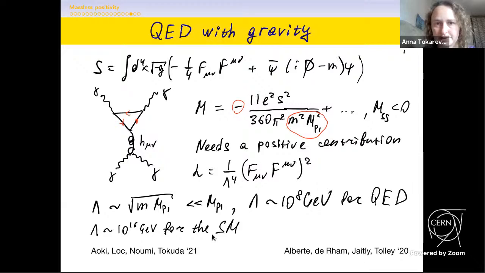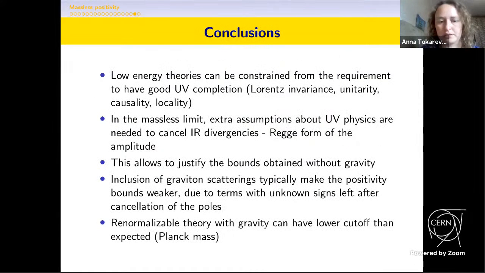But this is still a question for discussion, because there is no consensus in the community that these results are correct, and there are no mistakes somewhere on the way. But still, this looks like the cutoff scale of some renormalizable theory with gravity can be lower than the Planck mass.